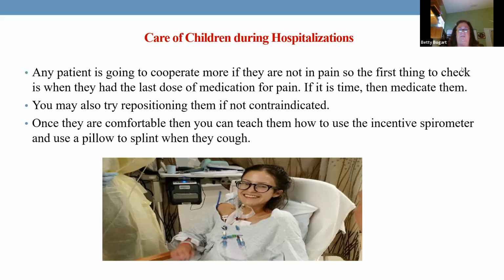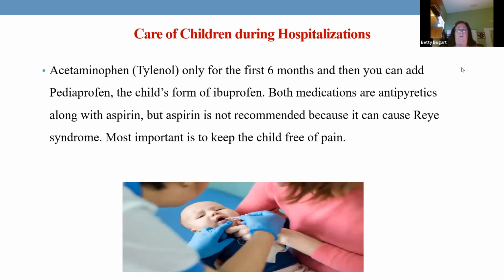Well, you're not going to do that unless you've medicated for that pain. Once you medicate for pain, you can get them up out of bed. Instead of spirometry, they can cough and deep breathe, and use a pillow to splint for the cough. So medicating for pain benefits the child in many ways, for circulation and for those lungs also.